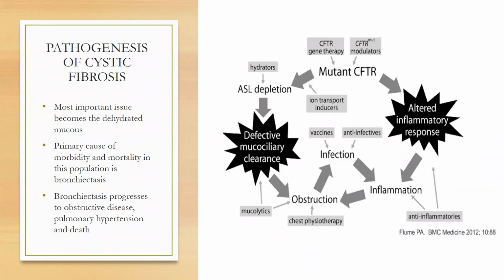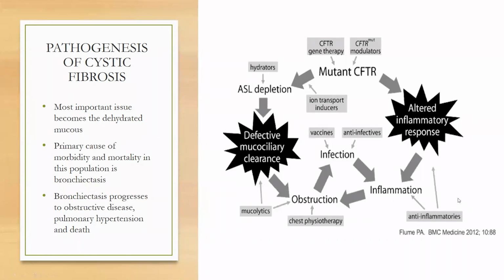You'll have an increase in cellular debris within that dehydrated mucus, and progressive dysfunction leading to bronchiectasis, worsening obstructive disease, eventually pulmonary hypertension, and death. The majority of these patients succumb to the illness because of respiratory issues.